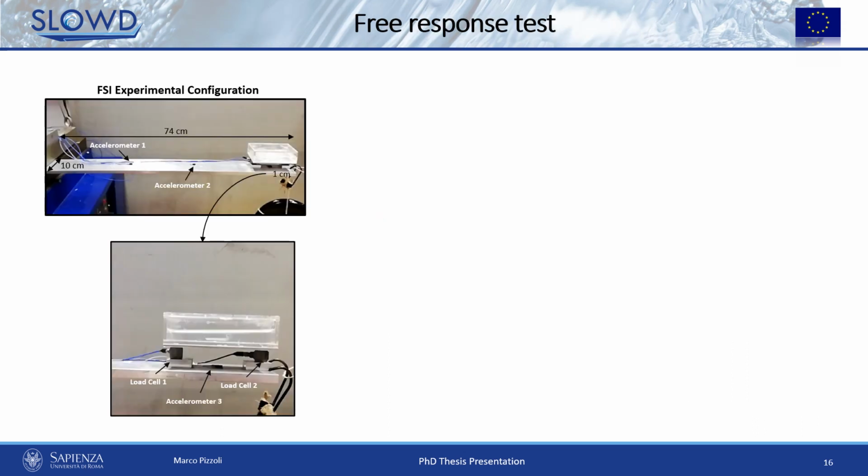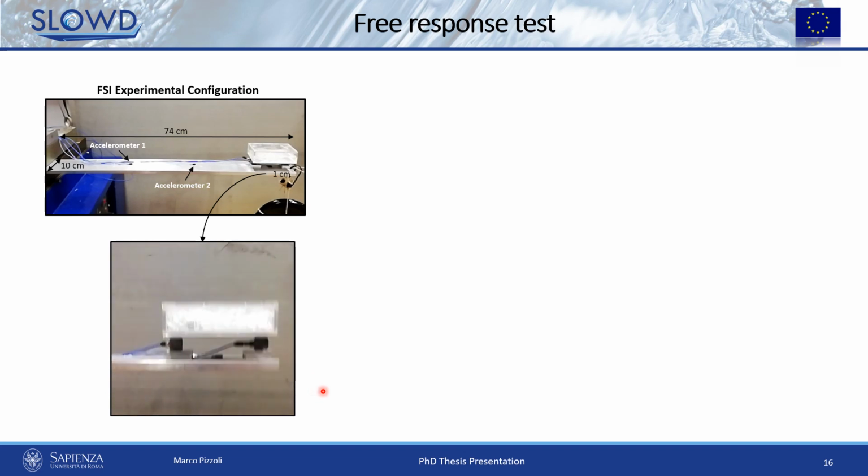So the first type of experimental test that we performed is the free response test. And in this video, we can see what happens inside the tank during the response. There is a first phase with very violent impacts and then the recomposition of the free surface.